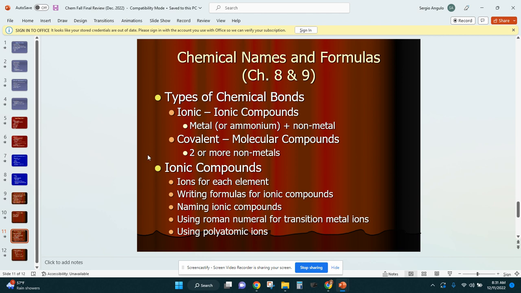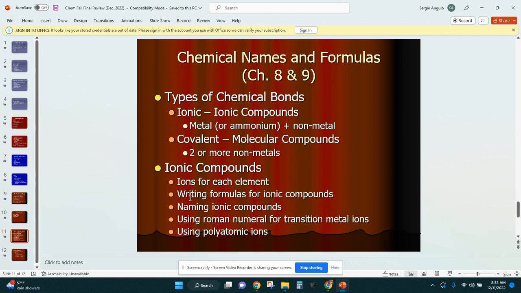If you have an ionic compound, you should be able to write a formula. You should know how to come up with the ions for each element on the periodic table, especially the ones in columns 1, 2, and 13, and 15, 16, and 17. Those always have the same charge, and there's a rule for that.